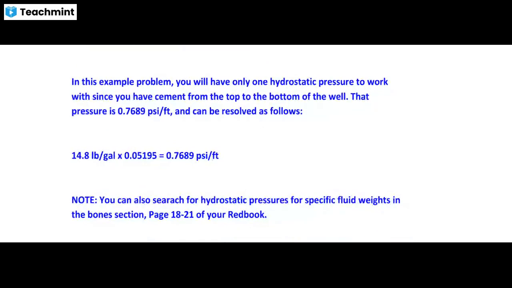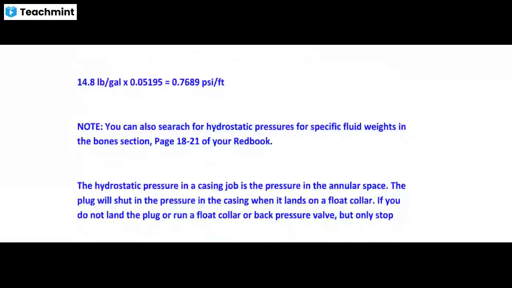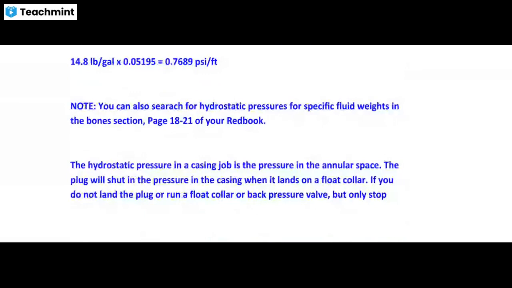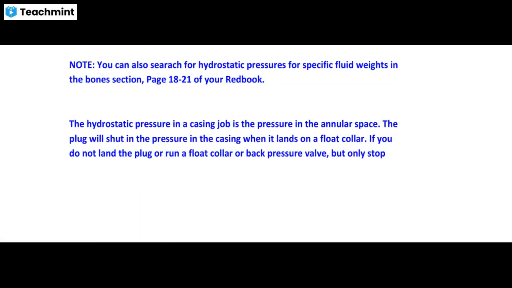This is an example of hydrostatic pressure. For a particular specific fluid weight, the gradient we can find from your red book, and the hydrostatic pressure in the casing job is the pressure in the annulus space. Therefore, the plug will shut in the pressure in the casing when it lands in the float collar.